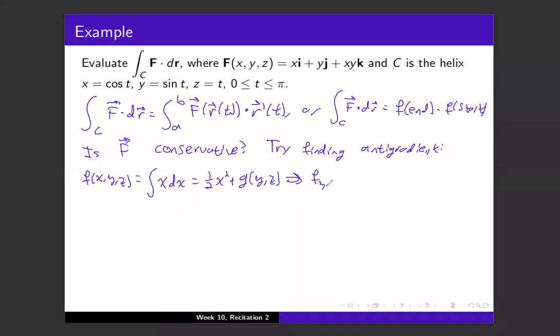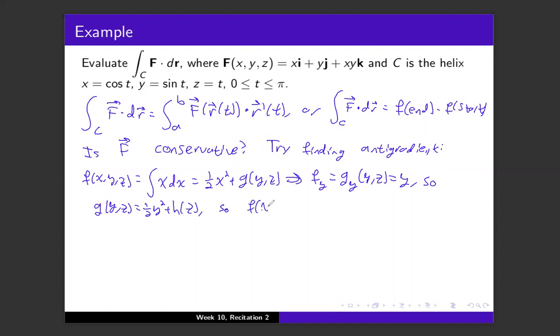which says that fy would be g_y of y, z, which is just y. So in fact, g of y, z would be 1/2 y squared plus some function h of z.